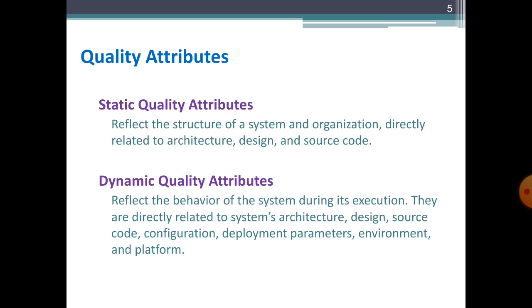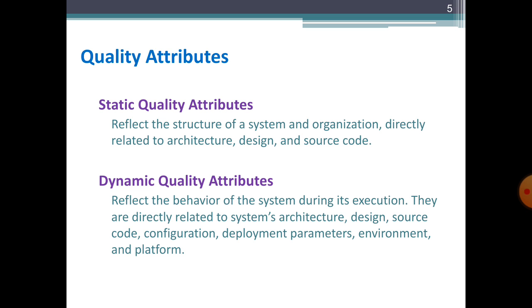Static quality attributes reflect the structure of a system and organization, directly related to architecture, design and source code. So we can say that these static quality attributes are invisible to the end user but affect development and maintenance, for example modularity, testability and maintainability. All of these are static quality attributes. Dynamic quality attributes reflect the behavior during runtime, because they are observable at runtime.